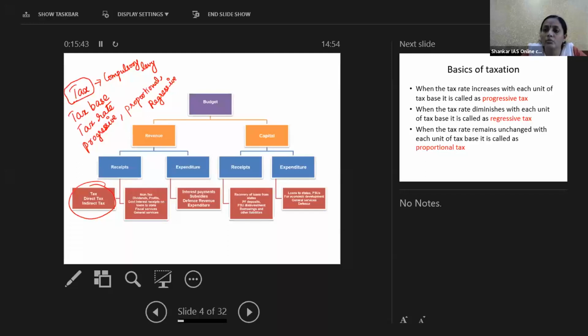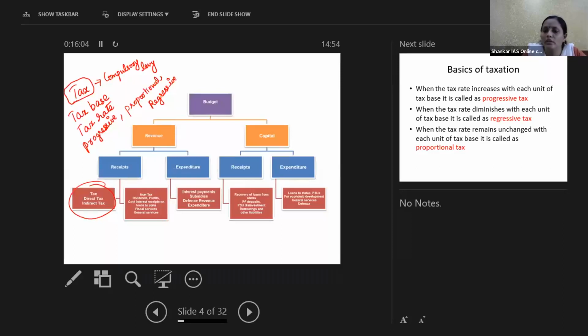Yes, it does happen. We will explain with examples how some kinds of taxes are actually putting a higher burden on the poorer people. So that's how we are going to understand regressive taxation. I'll tell you the examples and explain, then you will follow it.